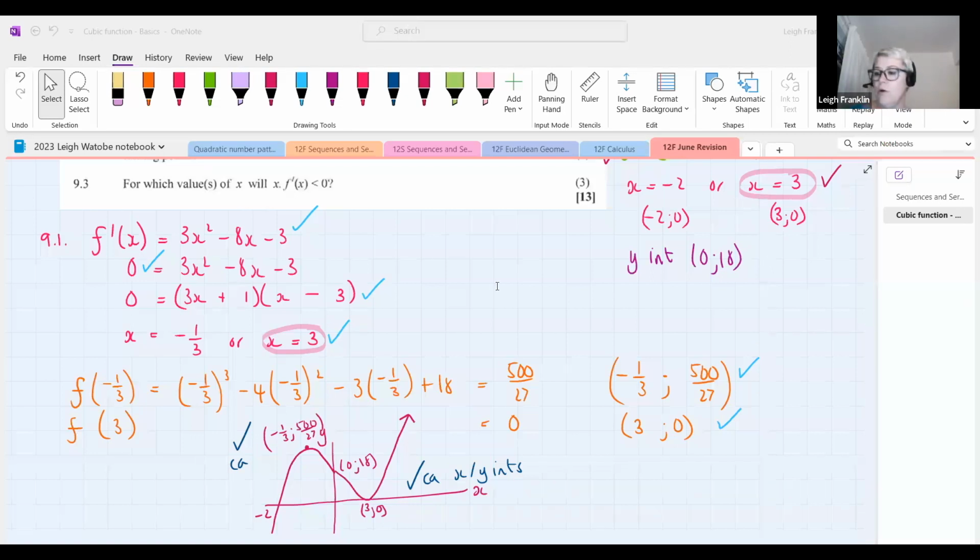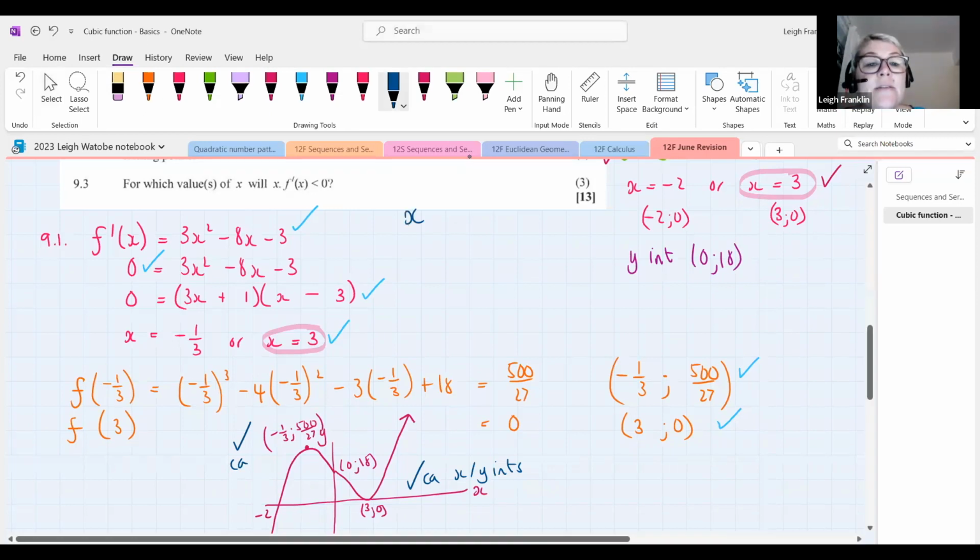Okay, cool beans. Now in 9.3, it asks us for which value or values of x will x times f prime x be smaller than 0 or negative. Let's try and dissect what this means. What does x times f prime x mean?